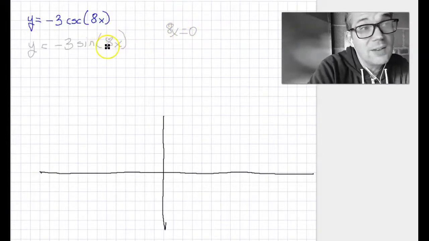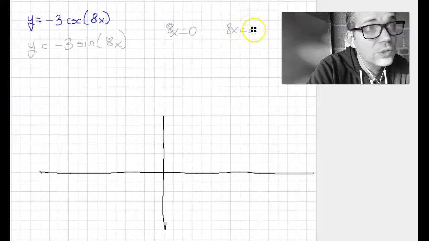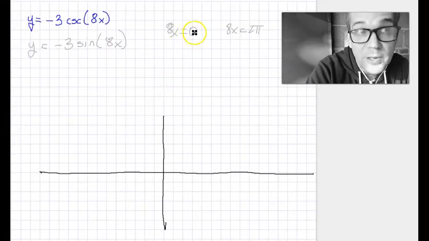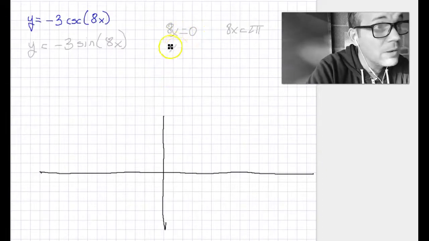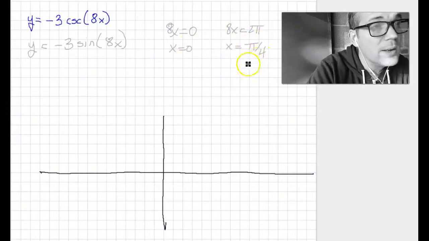I'll be taking the sine of 2 pi whenever what's inside equals 2 pi, so whenever 8x equals 2 pi. Some simple algebra tells us x equals 0. Dividing both sides by 8 means x equals pi over 4.